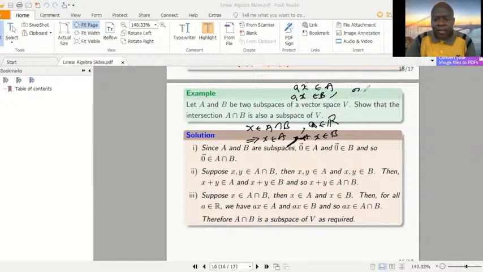That means ax is in the intersection of the two sets. That's what I showed here. So since the intersection of A and B has satisfied the first condition, the second condition, and the third condition, it means that the intersection is a subspace.